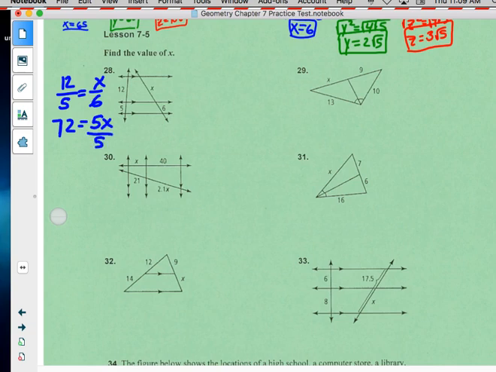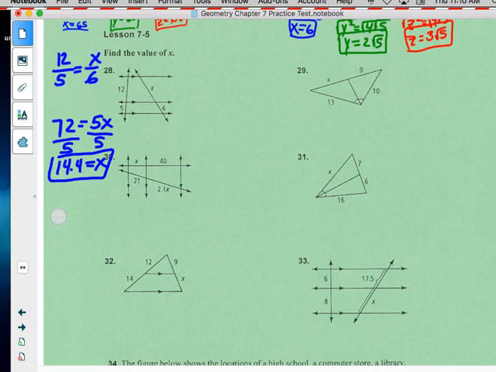I divide by 5 and find out that 5 goes into 72 14.4 times for my answer. And I'm just going to double check that. Or I could just say 72 divided by 5. So it's 14.4. Okay, so that's my X. And I get to move on, and we'll just slide this up and keep that in that area.